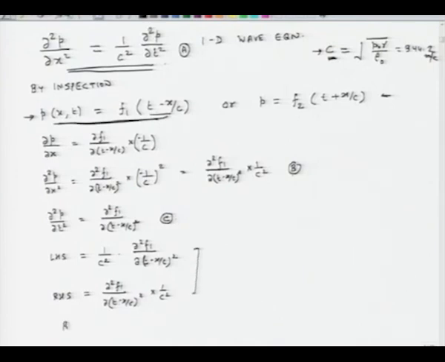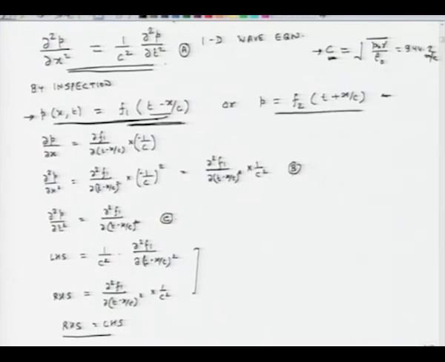So RHS equals LHS. Essentially that means this particular form of a function is a valid solution for this equation.